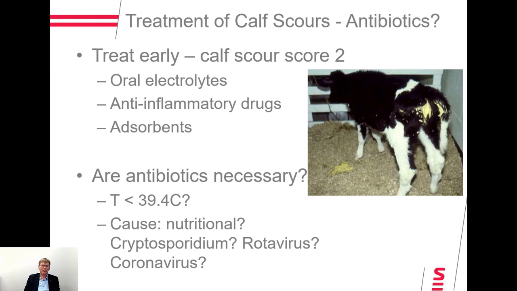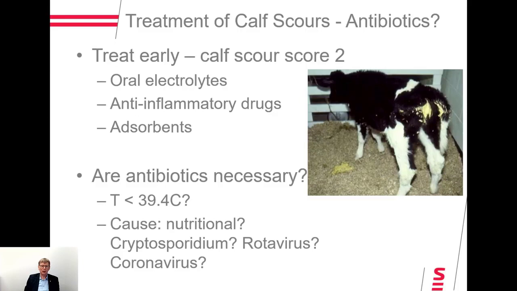So when are antibiotics necessary? One thing to do is take a temperature. The other thing to do is look at the actual scours. Is there blood in the scours? The slide I will show in a few minutes will take you through the process of evaluating the calf in all the different stages.